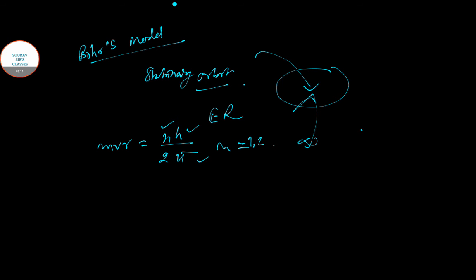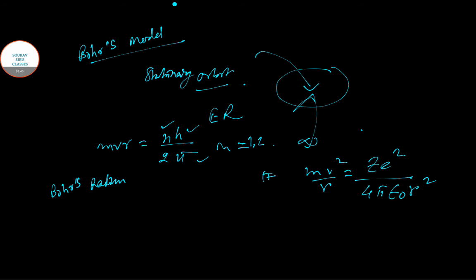Now Bohr's radius, if they ask you in some cases. The centrifugal force of the orbiting electron is exactly balanced by the electrostatic attraction between nucleus and electron, so mv square by r equals Ze square by 4 pi epsilon 0 r square.